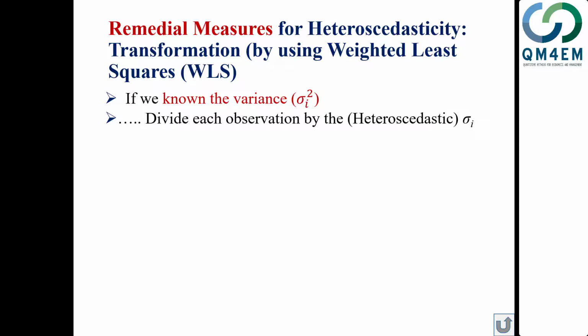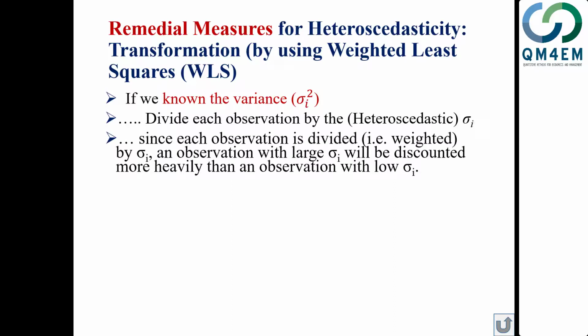Since we know the variance, we divide each observation by the heteroscedastic standard deviation sigma i, and this assigns a weight to each observation. Once you divide an observation by the respective sigma i, that value gets discounted as per the value of sigma i.